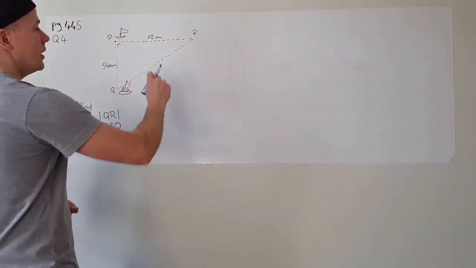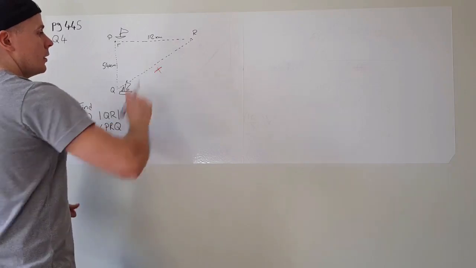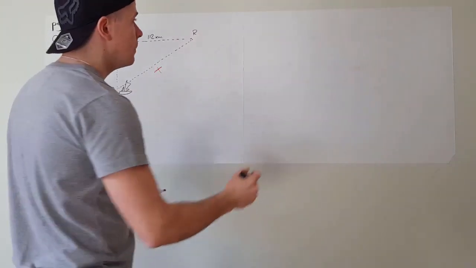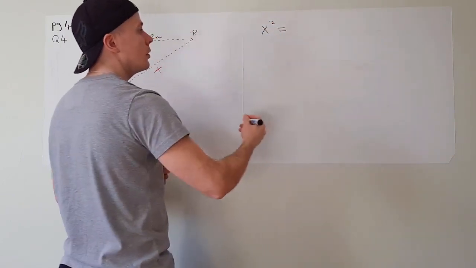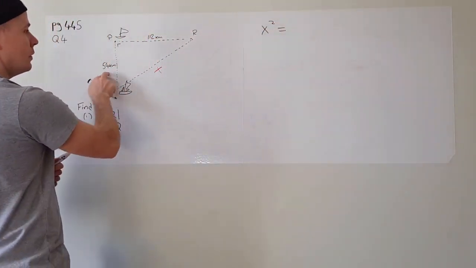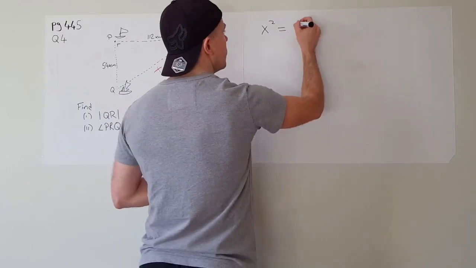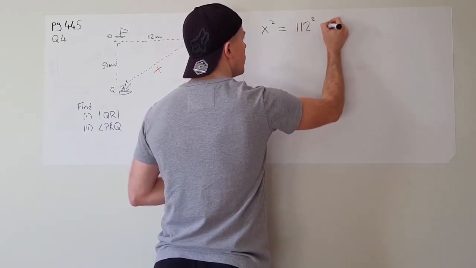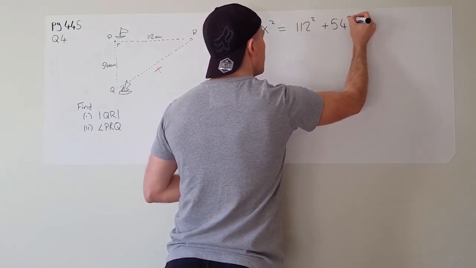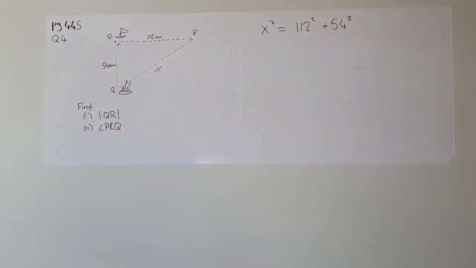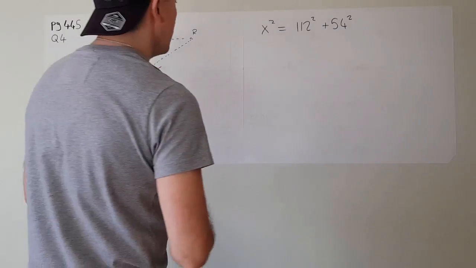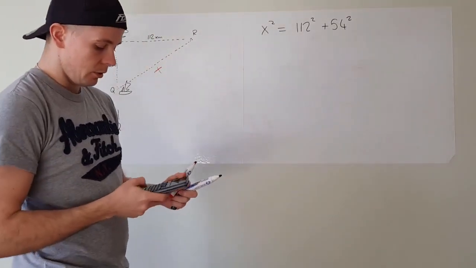Okay, so Pythagoras said that the square of the hypotenuse, 90-degree angle, this is our hypotenuse. So we're going to call this side X. So X to be squared, the length of it. X squared is equal to the sum of the other two sides to be squared, 54 and 112. Alright, so again, Pythagoras, the square of the hypotenuse is equal to the sum of the square of the other two sides.